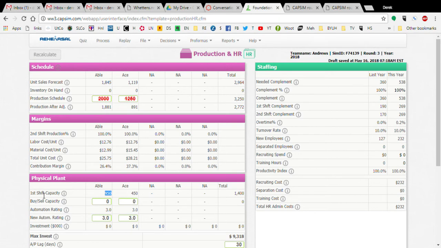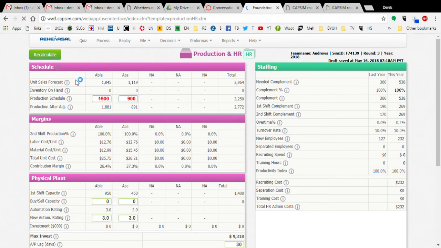I can have an evening shift that will make 950 more, so I can make 1900 is the maximum I can make. The first shift capacity on the ACE product is 450, so I know I want to make more than that. I double that, I get to 900. Can't make as much as I want, but I'm going to make the maximum there of 900.